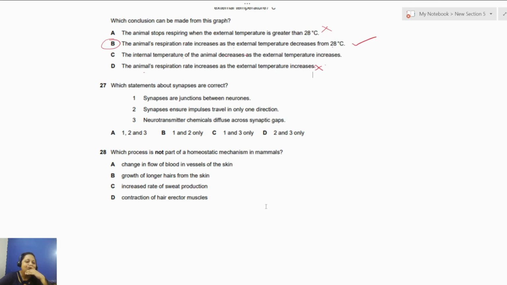Okay, what is correct about synapse? Synapse is the space in between two neurons. So how does it travel? In one direction.